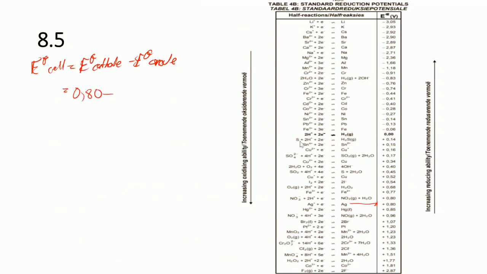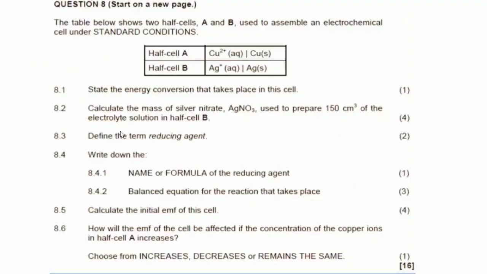The anode is the Cu, and we have it here, 0.34. So we have 0.80 minus 0.34. This will give us 0.46 volts. Once again, easy peasy.